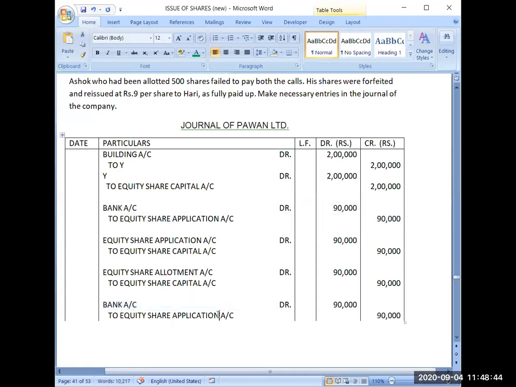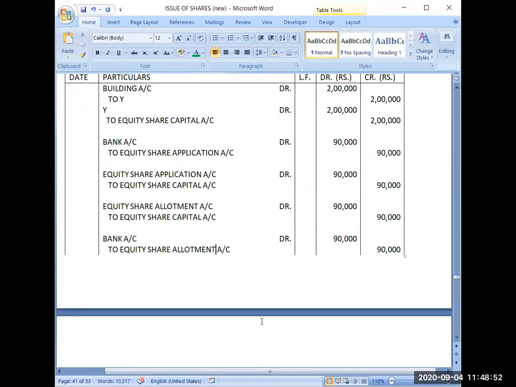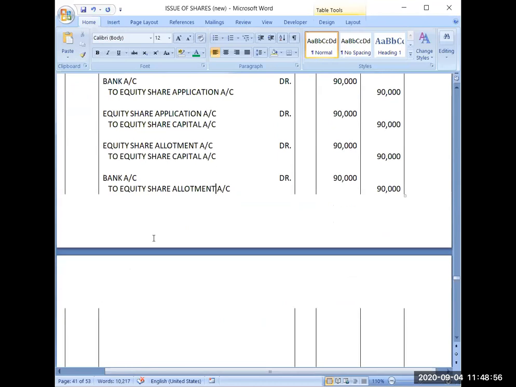So bank account debit to equity share allotment account 90,000. Now first call and final call will also be due in the same manner.